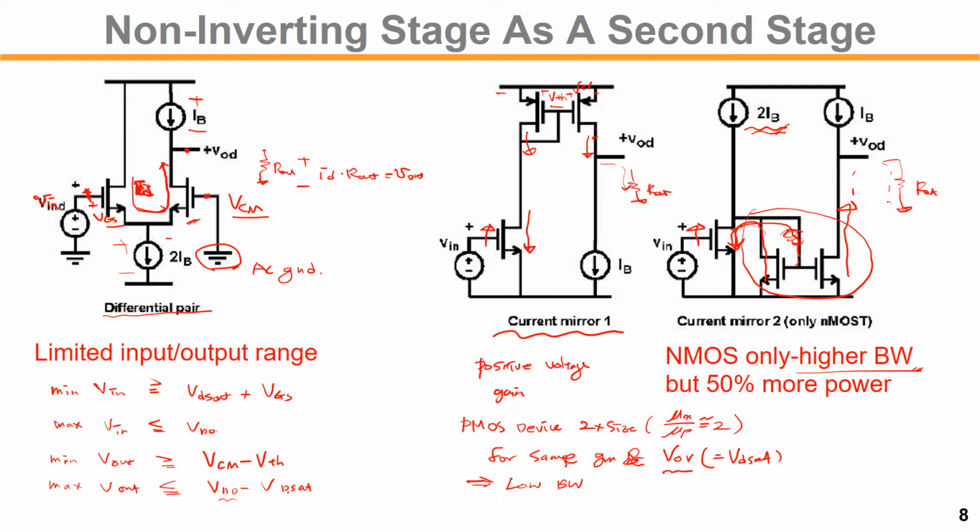Here 2 IB, instead of IB on the left hand side. You have the IB and IB, so total 2 IB current consumption, but here 2 IB plus IB, so 3 IB total currents are required. So more current, more power consumption there.